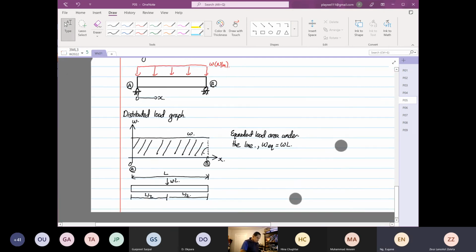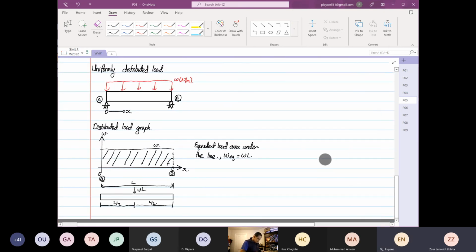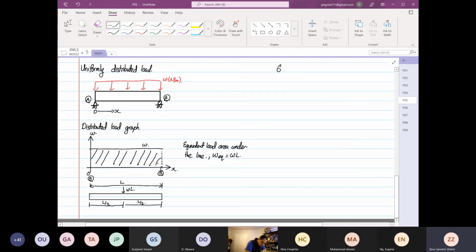The next one that I'm going to draw now is our gradient distributed load. So what do I mean by gradient?